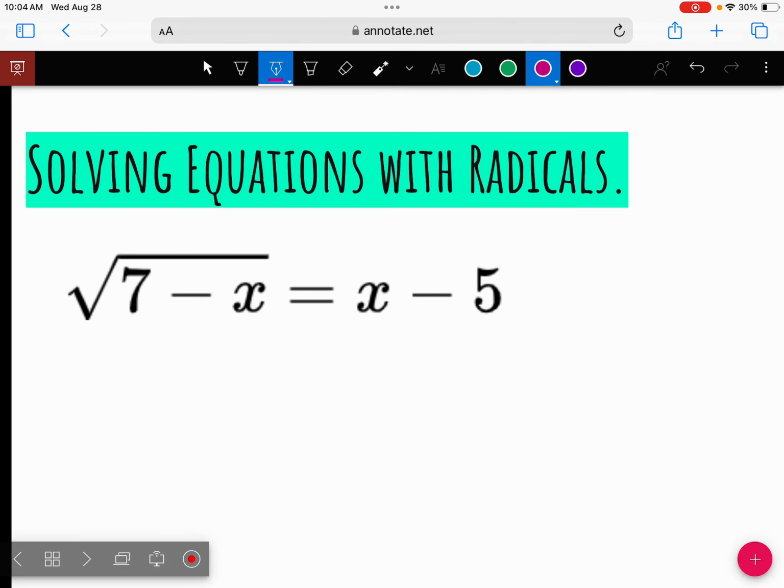So I'm going to square this side. That's going to cancel out my radical. And I need to square this side. Not the individual terms. The whole side. So x minus 5, x minus 5 quantity squared.